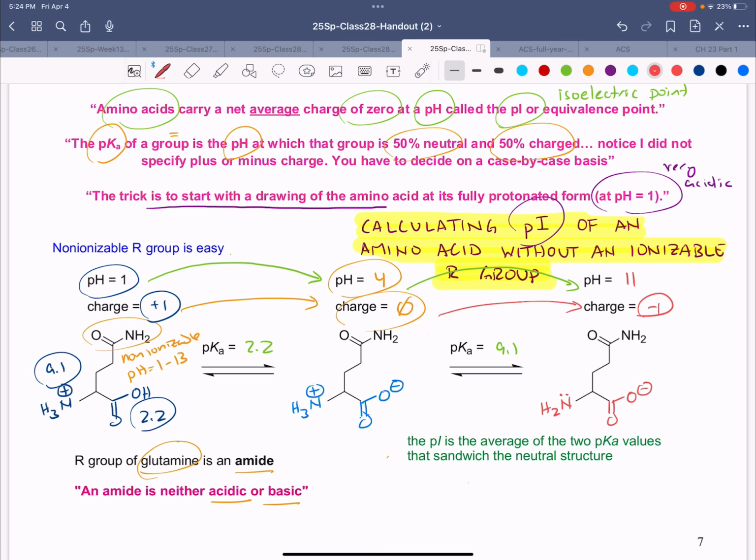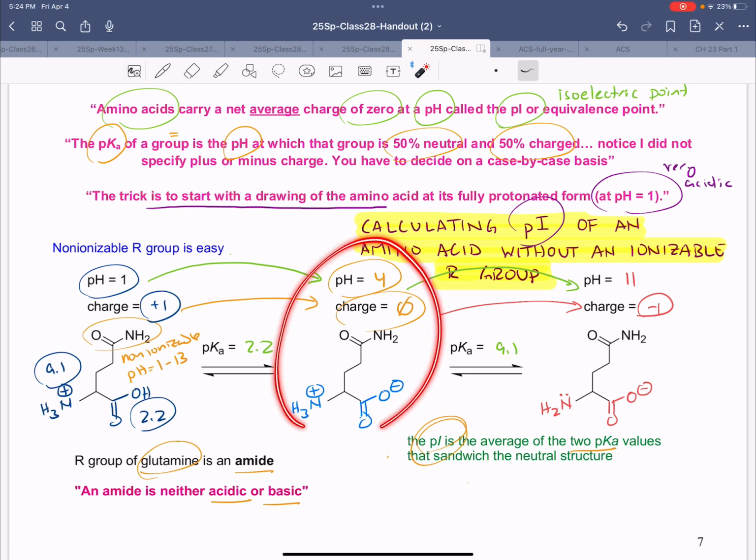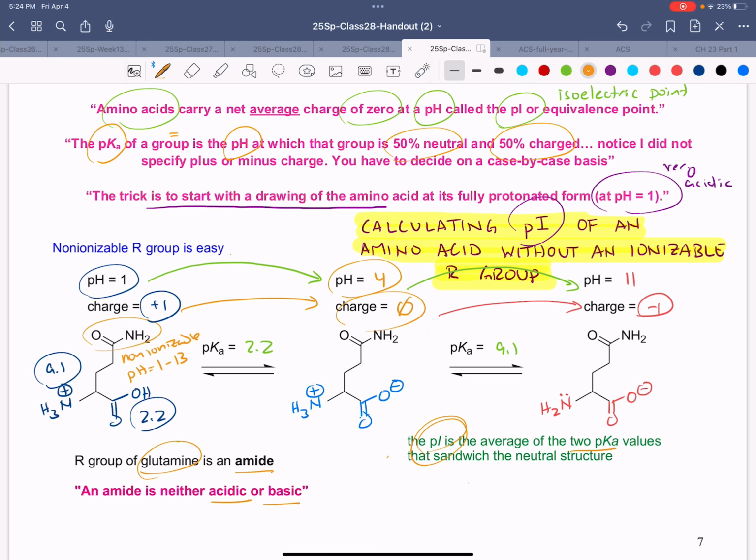The pI, finally. I'm looking at this right here. The pI is the average of the two pKa values that sandwich the neutral structure. So here it's neutral, right here. So what are the two pKa's we're going to average? The two pKa's we're going to average are 2.2 and 9.1.